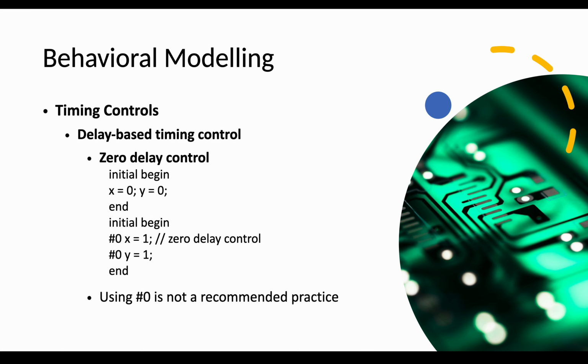Here is an example. In initial begin block, I have initialized X equal to 0 and Y equal to 0. In another initial block, I have defined #0 X equal to 1, that is zero delay control, and #0 Y equal to 1. Using #0 is not a recommended practice because of that non-deterministic thing.